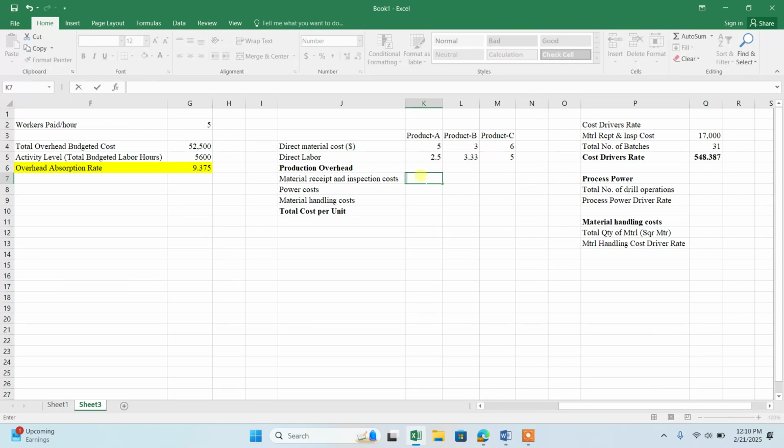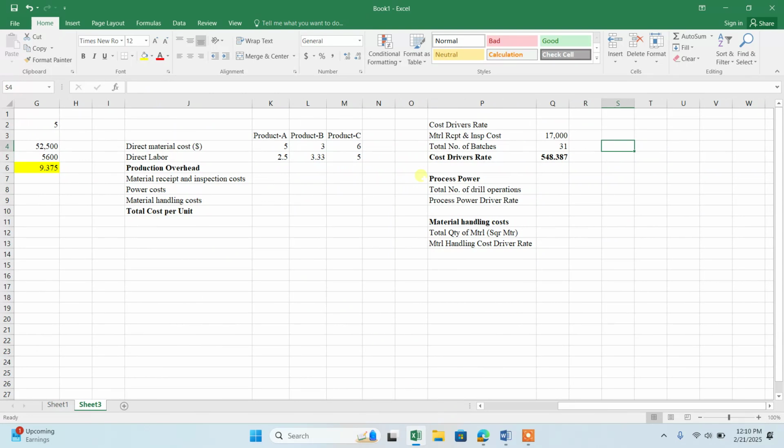How many units are produced by A in total? It is 4,000. How many batches are required to produce 4,000 units? 10 batches are required. If I divide 10 by 4,000, it means that if 10 batches are required to produce 4,000 units, then for one unit I require 0.0025 batches.